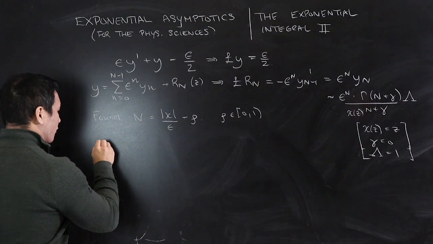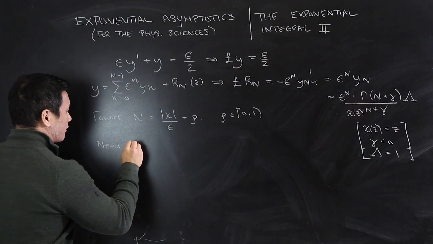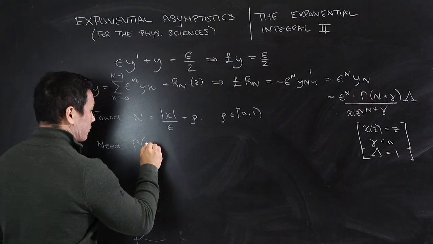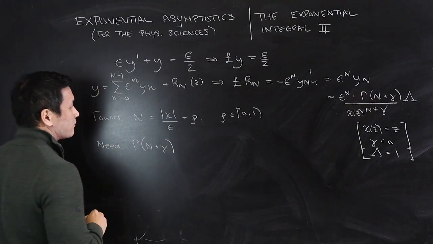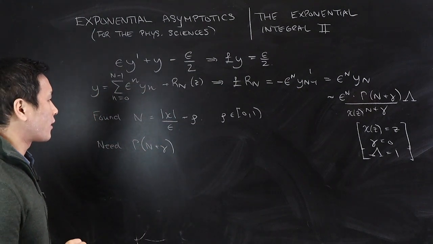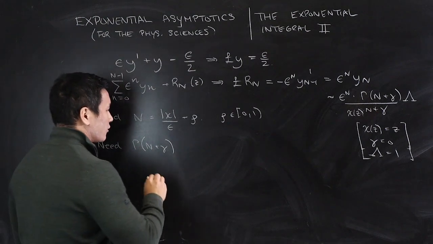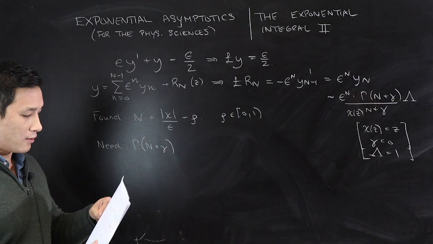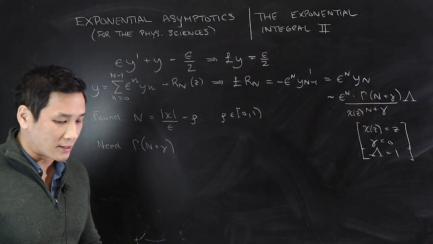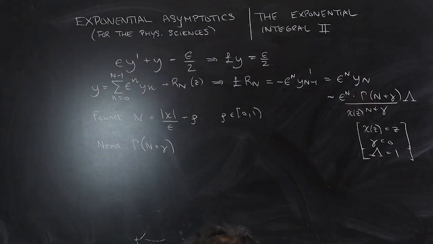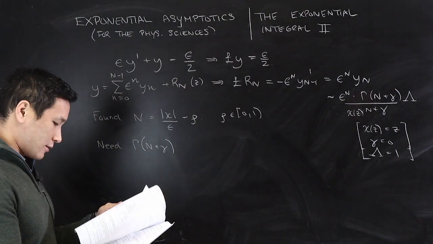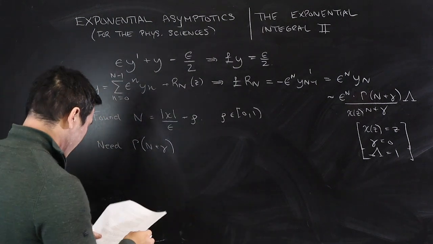So you're going to need some kind of identity for the gamma function of n plus gamma, and you end up having to use Stirling's formula for that. I've given the identity within the notes, but I'll just write it down here. It's not hard to derive, but it's just quite annoying.